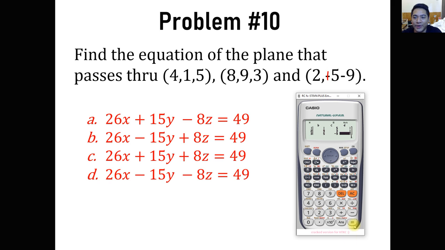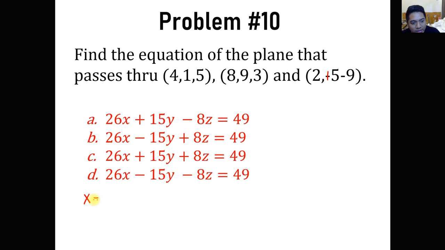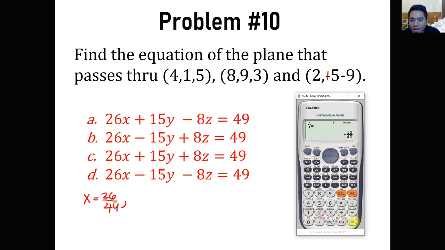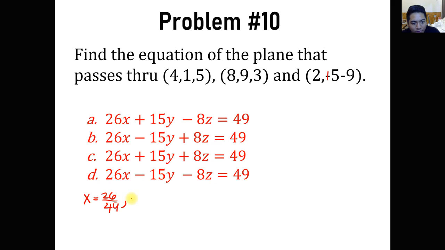That's a typographical error. So we have 26 all over 49 for the x. Let me just rewrite this, 26 all over 49. And again, for y, negative 15 all over 49. And for z, still a negative 8 all over 49.